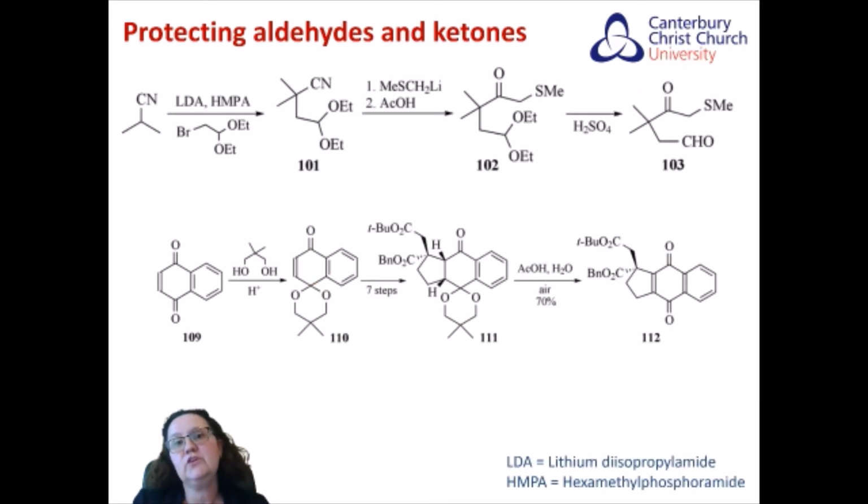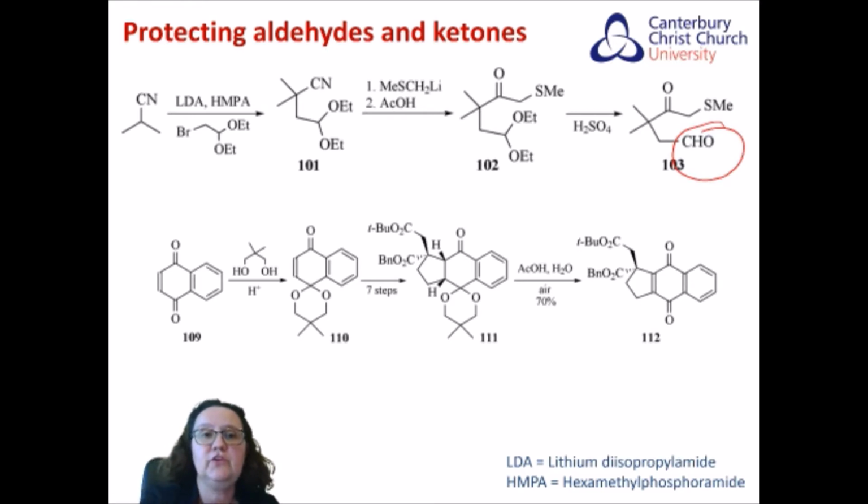In the first reaction in this slide, this is a really nice example of the use of a diacetal to protect a carbonyl group. So you're aiming to have a carbonyl group, in this case an aldehyde, in that part of the molecule, and you start the synthesis by bringing that carbonyl group, but in a protected form, in the form of a diacetal.